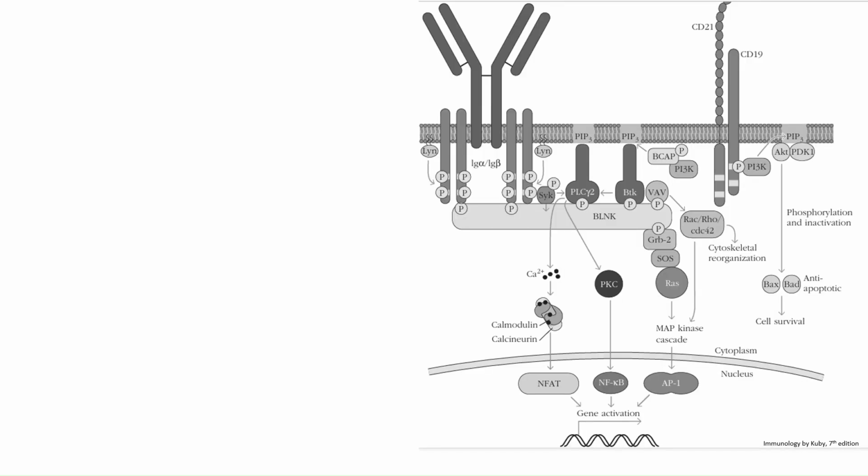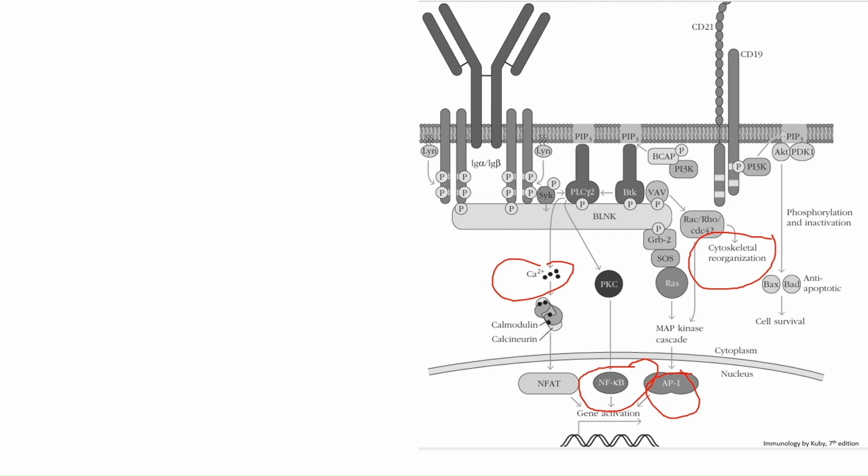Now this is the summary of all the pathways: as you can see, this is the calcium pathway, this is the nuclear factor kappa pathway, and this is the AP1 pathway. Apart from that, the expression of these genes releases cytokines. For the release of cytokines, cytoskeleton reorganization is necessary, because the position where the cytokine is released is important.